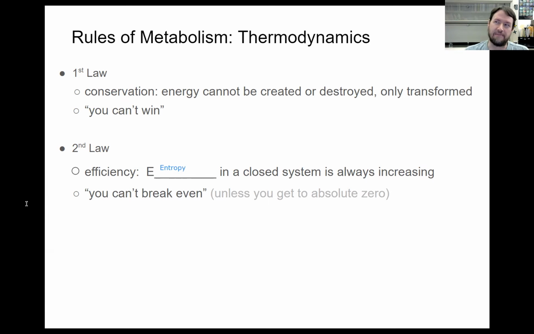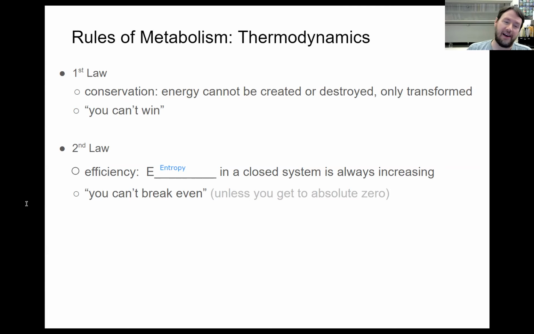Another way to think about this is that as energy gets transformed from one form to another, some of it is always going to be lost as heat, as this increased entropy that you can never recover. Another way to put this is that you can't break even. Efficiency is never 100%. It's always going to be less than 100%.